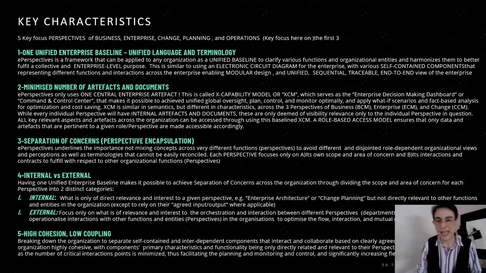Those are, naturally as well, the head of enterprise architecture. These are the people who need access to this XCM in its entirety or parts thereof.